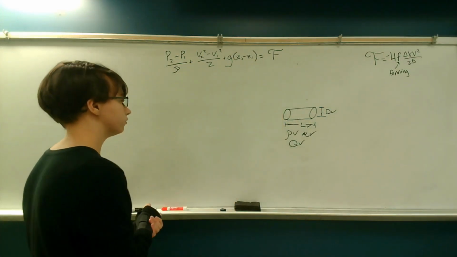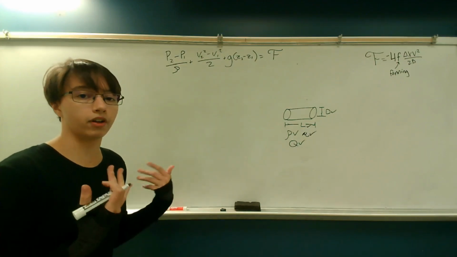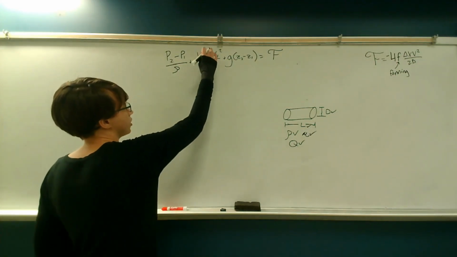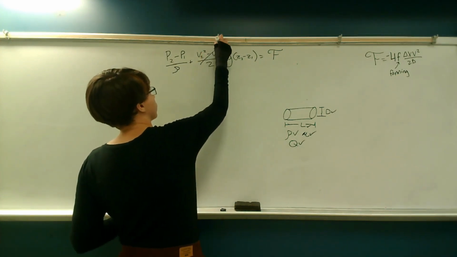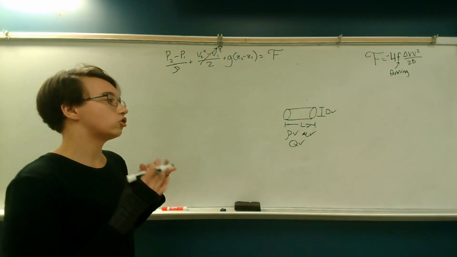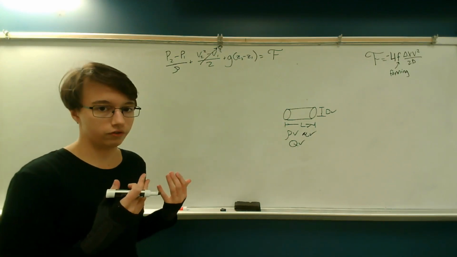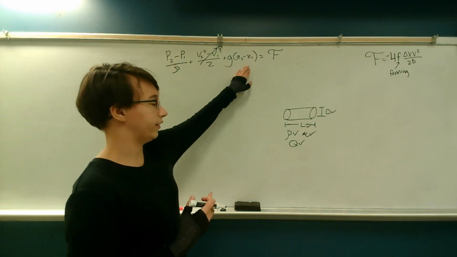So for this situation, since we have a pipe of a constant diameter, the velocity at 2 and the velocity at 1 are going to be equivalent, and this whole term goes to 0. So that leaves two things as motivation for the flow. We can either have a pressure difference or a height difference.